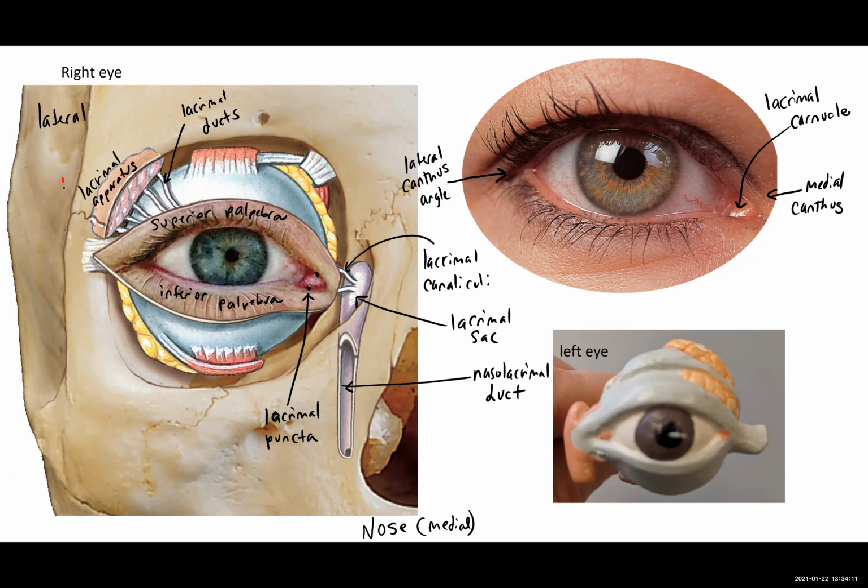So we can start with the lacrimal side, the lateral side, lacrimal apparatus. The tears move through the lacrimal ducts, across the eye, into the lacrimal puncta, draining into the lacrimal canaliculi, to the lacrimal sac, to the nasolacrimal duct, and then into that nasal cavity.